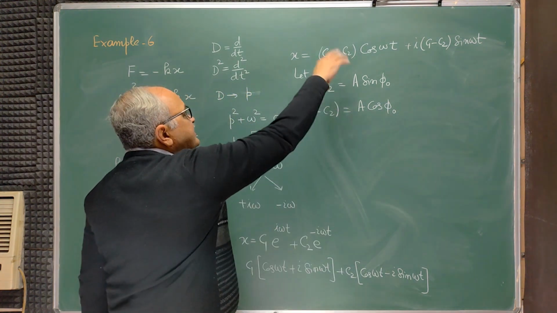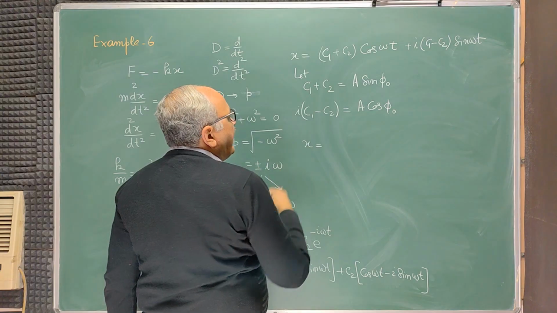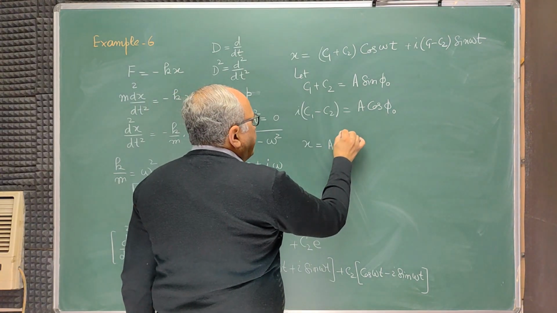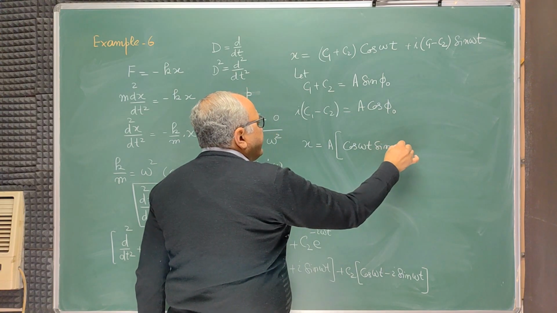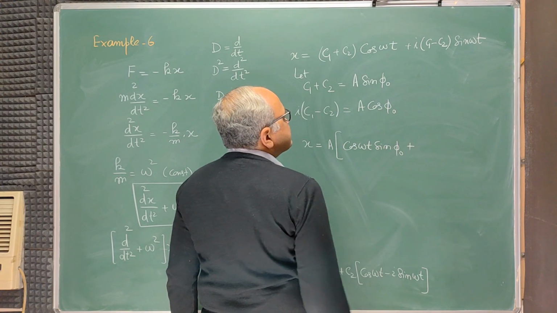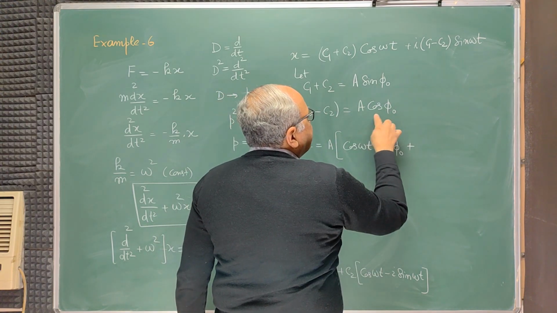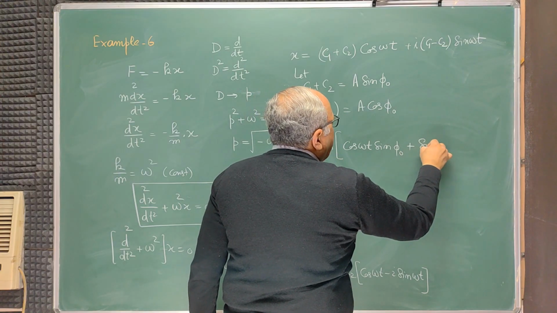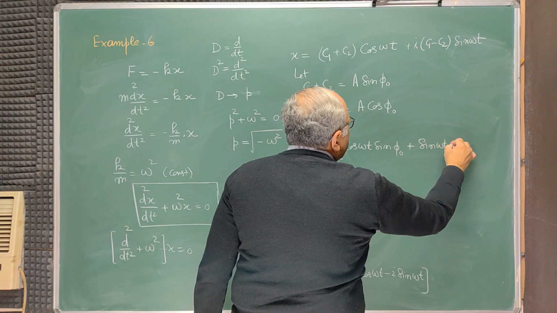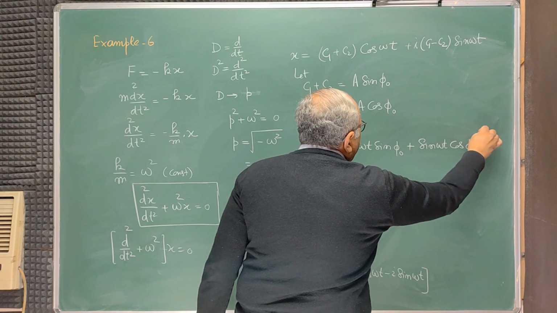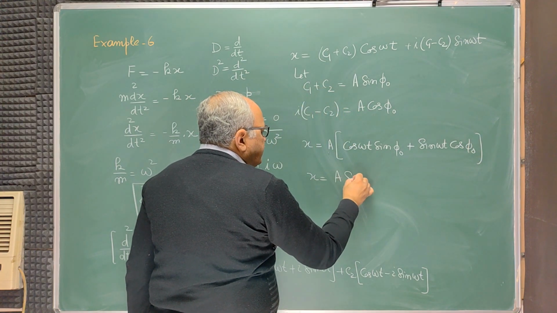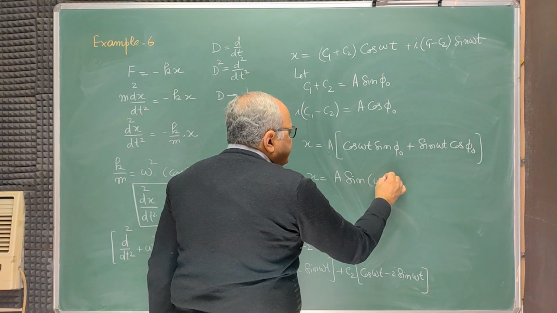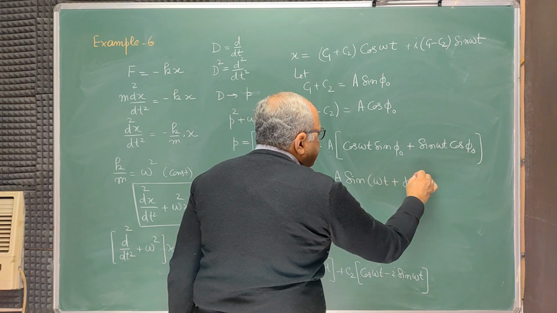If I replace it back here, I'll get x equals a cos of omega t sine phi 0 plus, with a taken out, sine omega t cos of phi 0. So if I combine this, I will get the same result as we got by the first method.